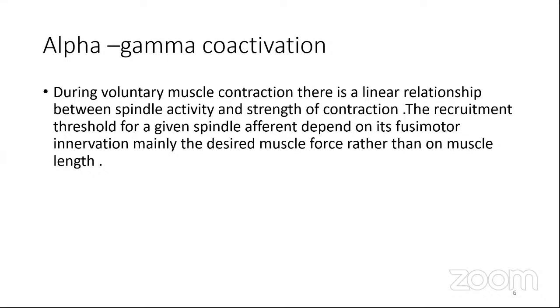Also the fusimotor system includes the alpha motor neurons that innervate the extrafusal fibers of the same muscle. So the recruitment threshold for a given spindle afferent depends on its fusimotor innervation, mainly the desired muscle force rather than on muscle length.